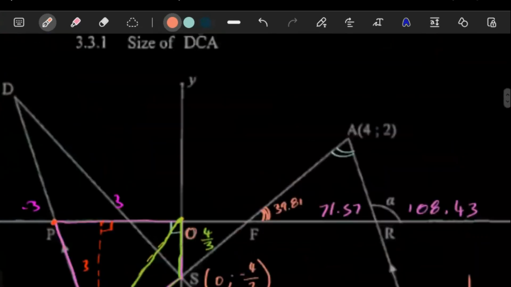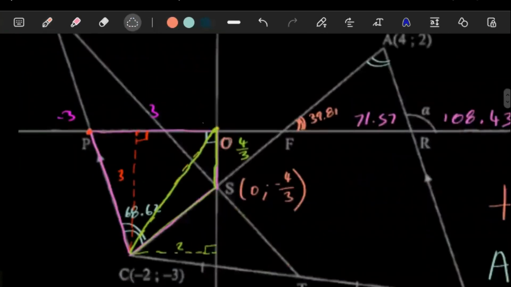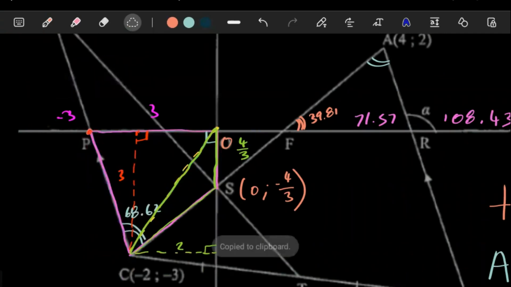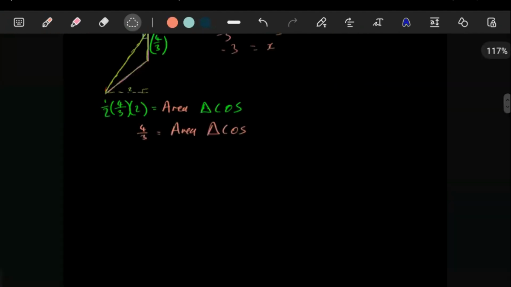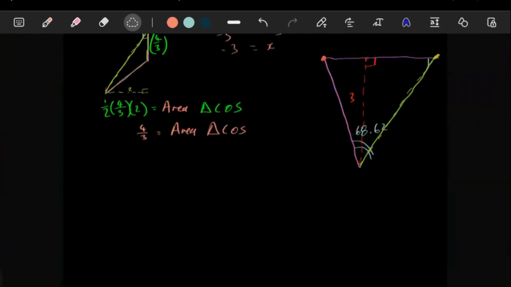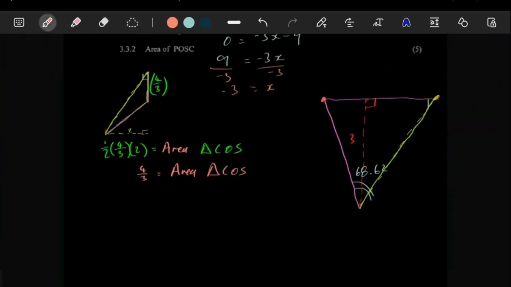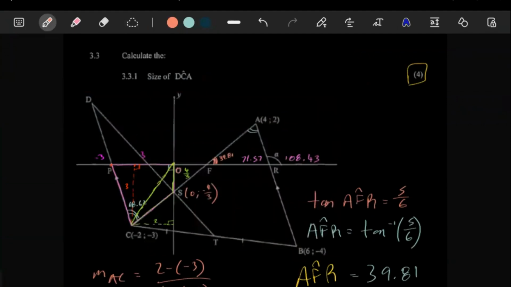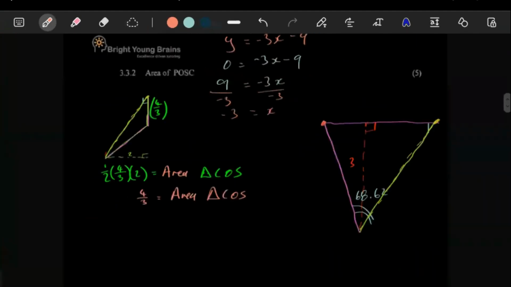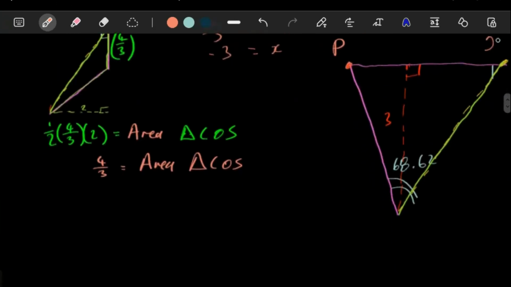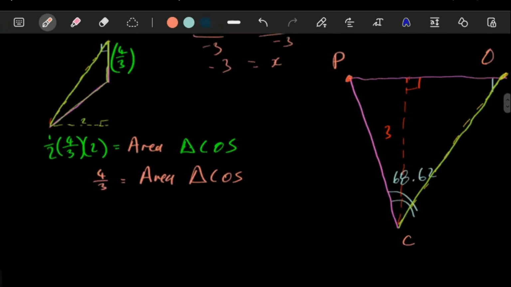The other triangle that we said we have to deal with is this one over here. Let's copy that. Dealing with this triangle, its area is also going to be half base times height. The triangle is POC: there's P here, O here, C at the bottom.